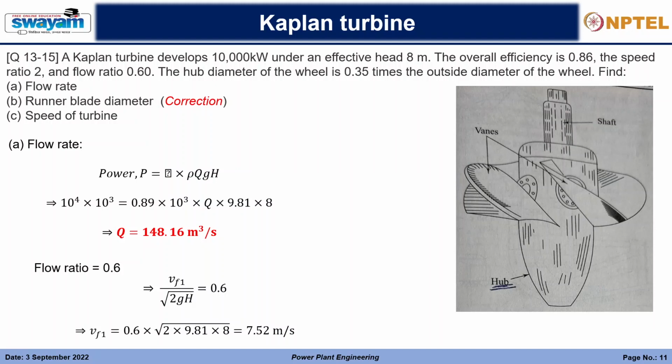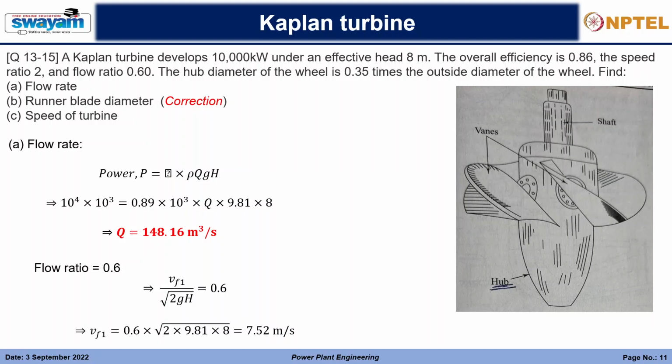Actually I have not given the velocity diagram out here, maybe it would have been clearer, but the velocity of flow is what contributes the axial thrust. So the velocity of flow divided by the absolute velocity coming out of the nozzle is the flow ratio, and accordingly we have 7.52 meter per second.